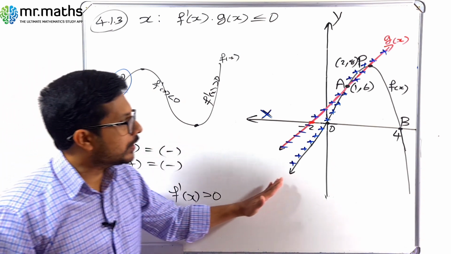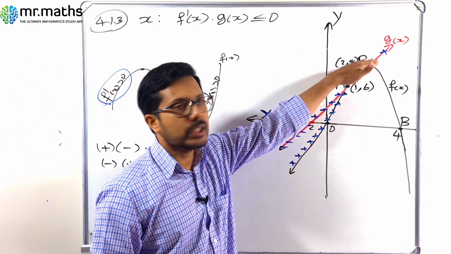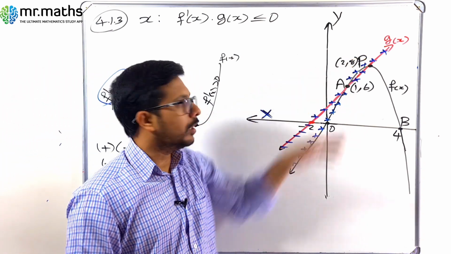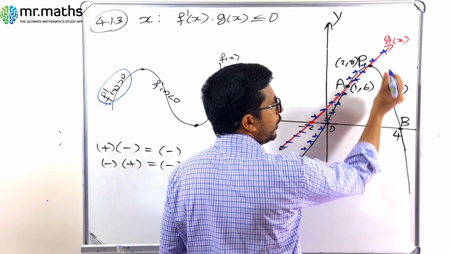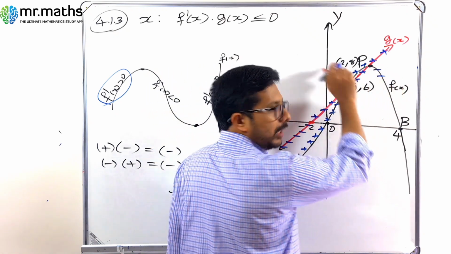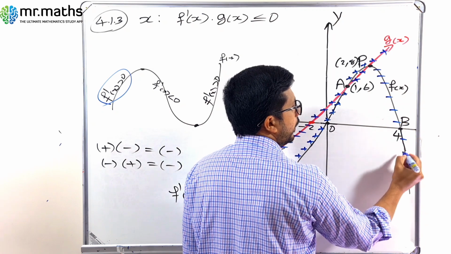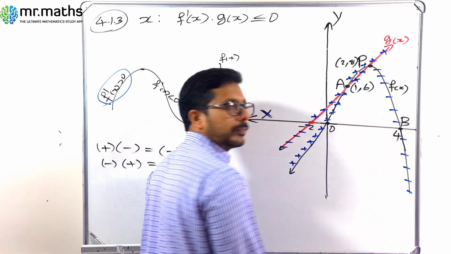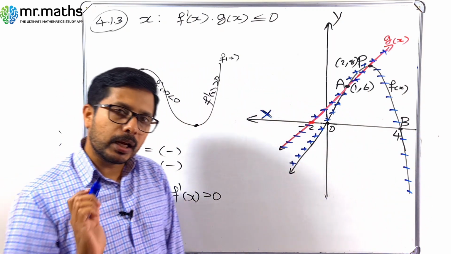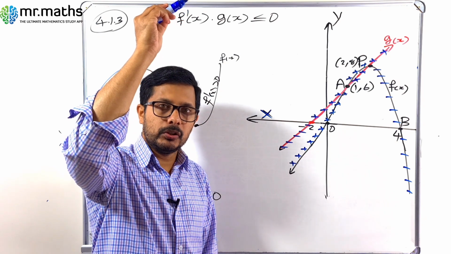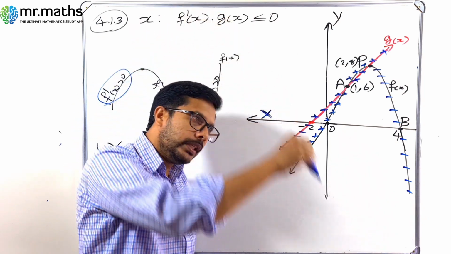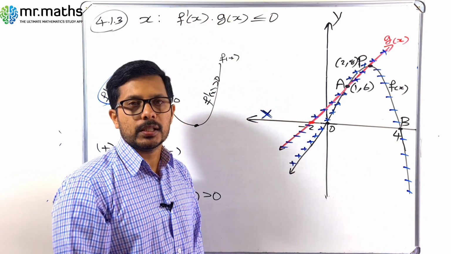So when the graph is increasing, the first derivative is positive. Then after this turning point, what about the graph? It is decreasing. That means the first derivative is negative throughout here. So when a graph is increasing, the first derivative is positive. When a graph is decreasing, the first derivative is negative.